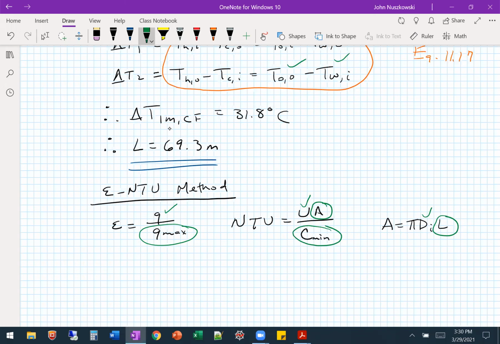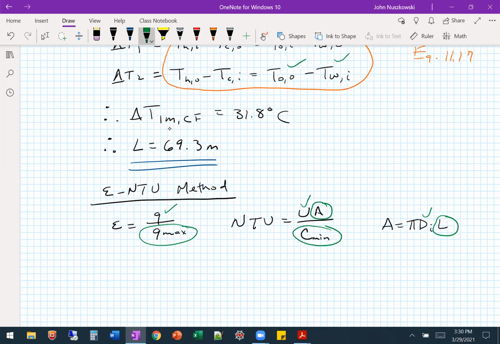So where do we think we're going to go first? Are we going to be solving effectiveness and from effectiveness getting NTU, or are we going to be getting NTU and then using that to solve for effectiveness? Effectiveness and then NTU.